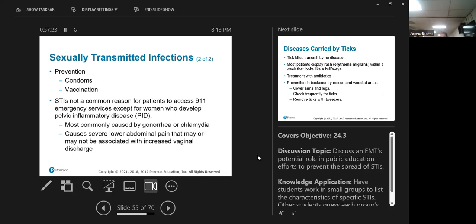Prevention: abstinence, condoms, or vaccination. STIs are not a common reason for patients to access 911, so they say. Emergency service except for women who develop PID, pelvic inflammatory disease. It's most commonly caused by gonorrhea or chlamydia, and it causes severe lower abdominal pain that may or may not be associated with increased vaginal discharge.